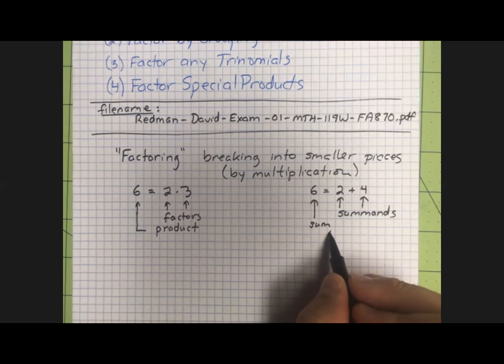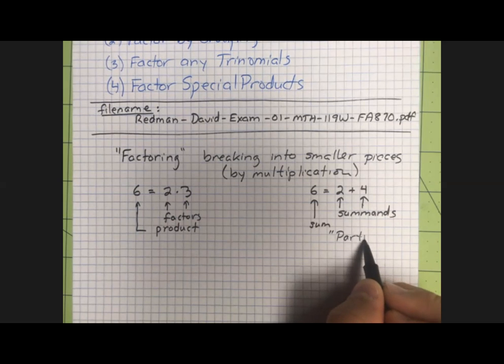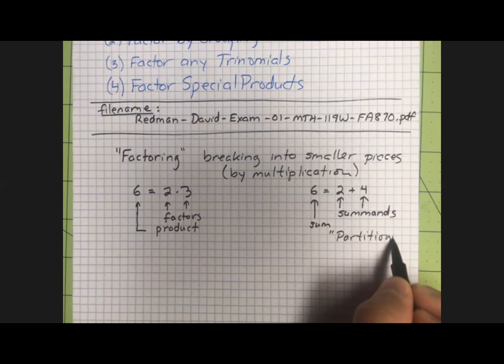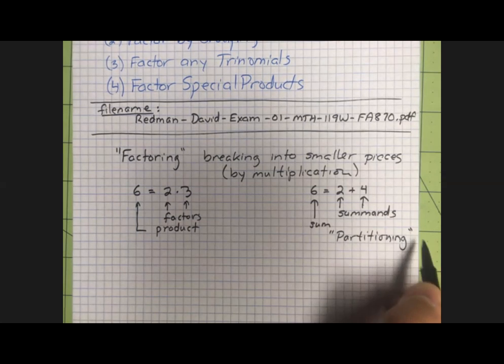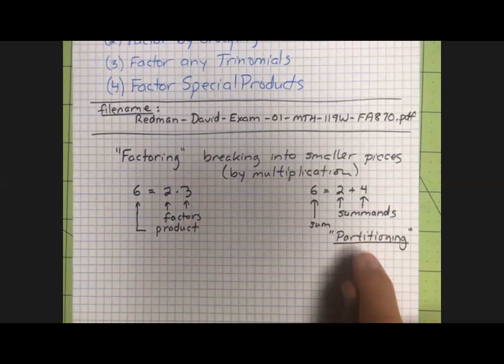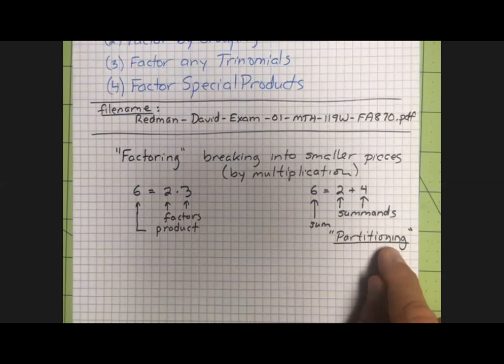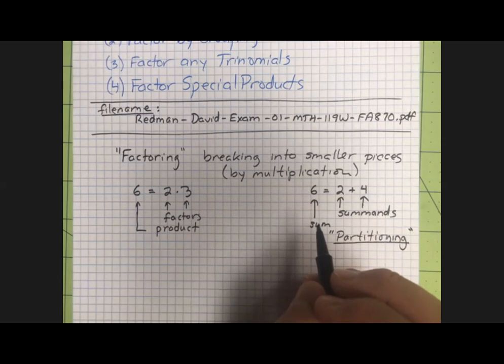And when you break something up by addition, it's not called factoring, it's called partitioning. And that would be a great thing to learn someday in another math class, because there's a whole different idea about partitioning. And you say, my gosh, that looks simpler than factoring. Why would I ever want to do that? Actually, it's really important, but it's just not on our table right now.